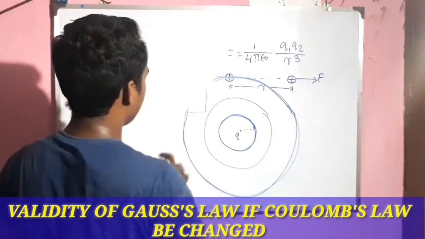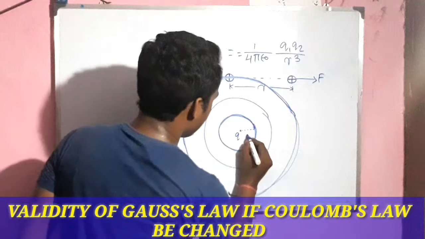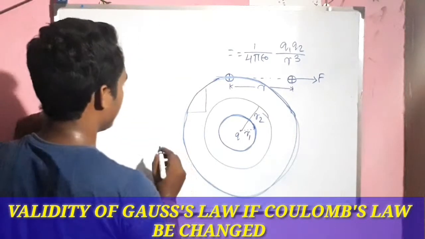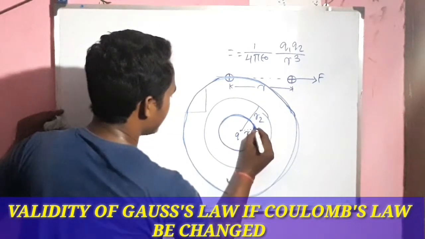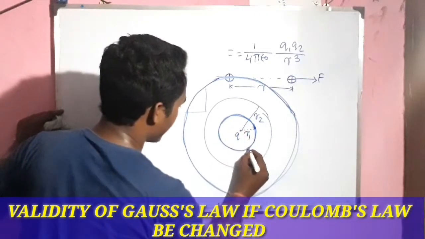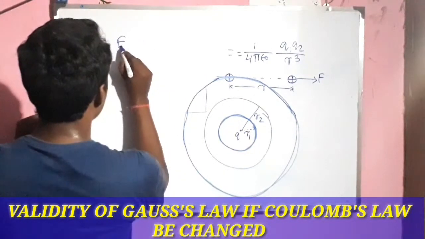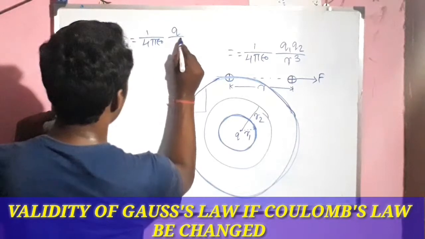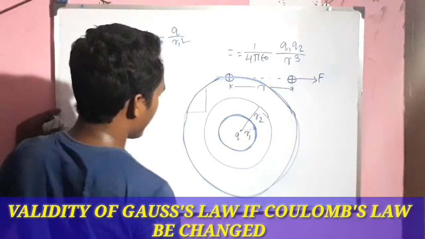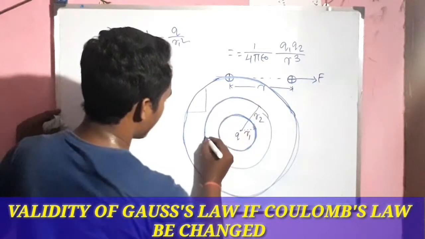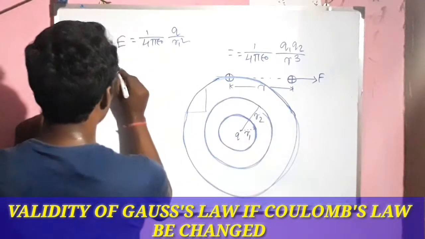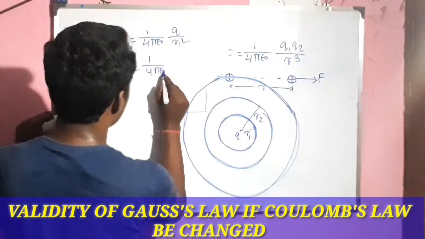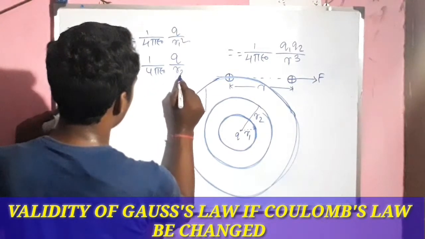I explain it here: if this distance is r1 and this is r2, then the electric field at any point on the smaller surface is given by E1 equal to 1 by 4 pi epsilon naught q over r1 square, and the electric field on the larger surface is given by E2 equal to 1 by 4 pi epsilon naught q by r2 square.